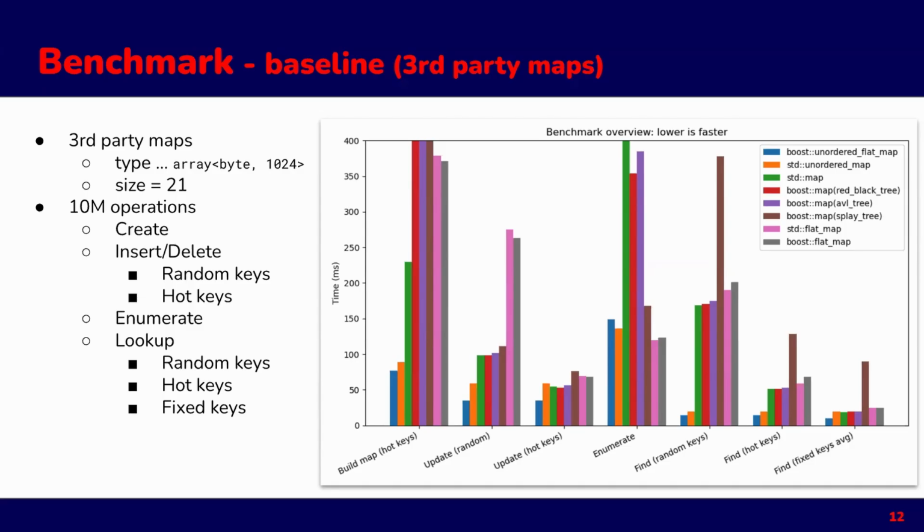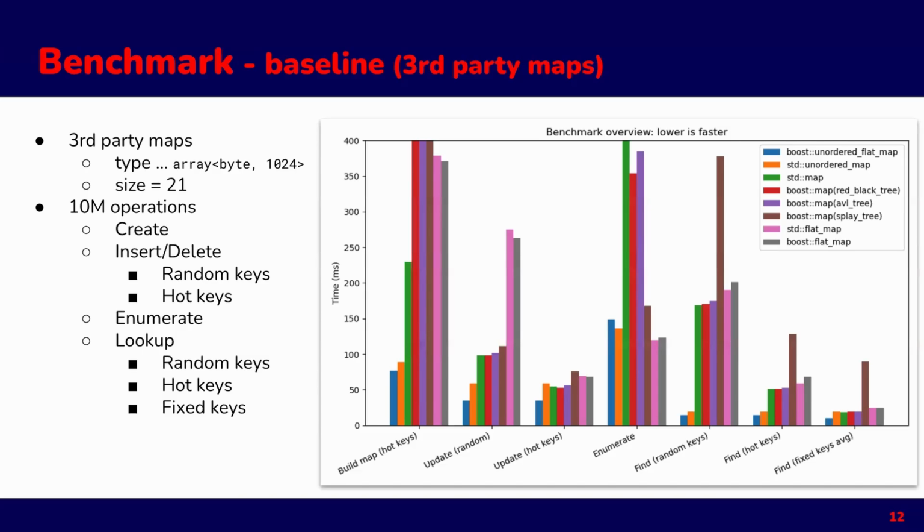Okay. Yeah. Sorry, one question. Did you check why splay tree is so bad at find hotkeys? No, unfortunately not. I think maybe they are self-adapting, and that maybe the reason is that they have complicated logic. During the lookup, they modify their internal state, and for this small map, maybe the overhead is simply too high.